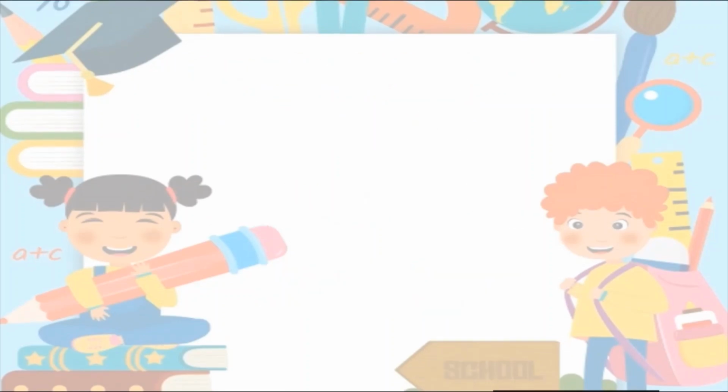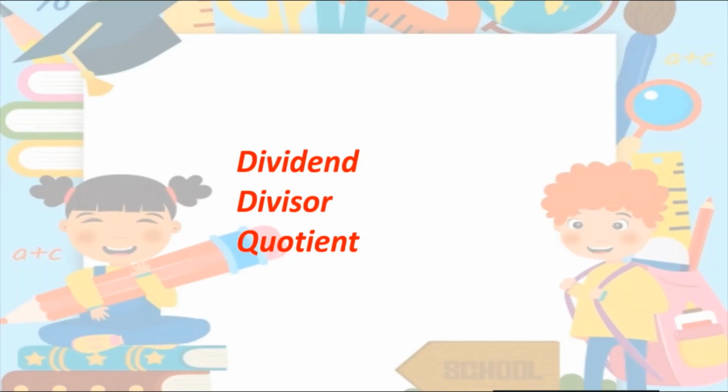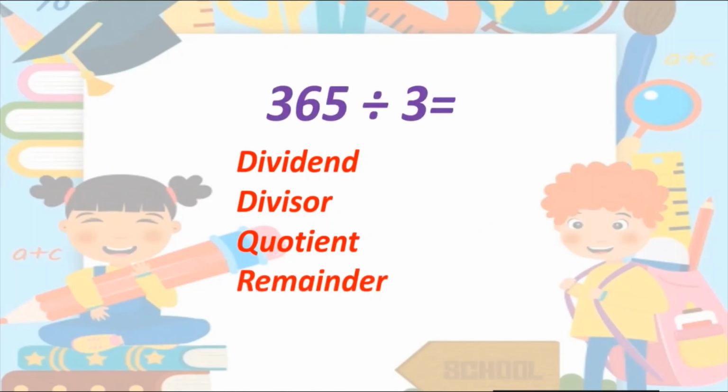Terms related to division. When we learn division, we come across the terms like dividend, divisor, quotient and remainder. Here, 365 is the dividend, 3 is the divisor. When we divide, the answer that we get is the quotient, which is 121, and the remainder is 2.